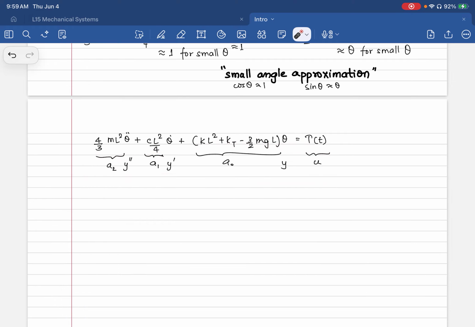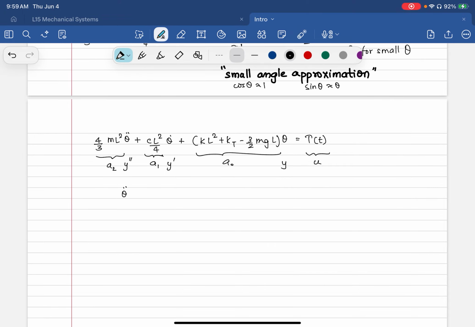If I had to write it in the input output form, I would divide everything by 4/3 m l squared. So then I would get theta double dot plus 3/(4 m l squared) times c l squared by 4 theta dot plus again 3/(4 m l squared) times (k l squared plus k t minus 3/2 m g l) theta is equal to 3/(4 m l squared) tau of t.